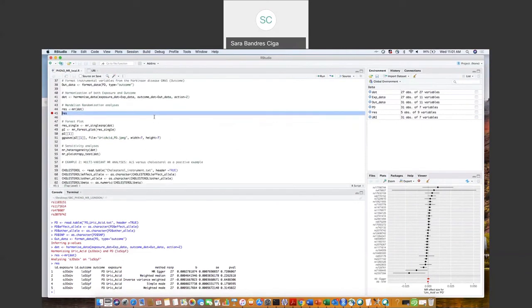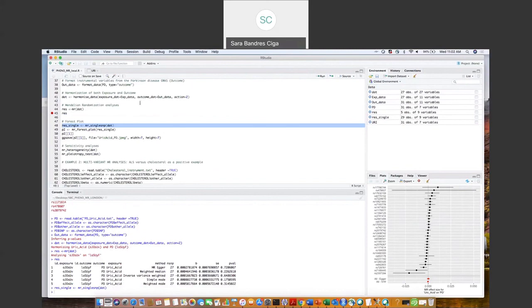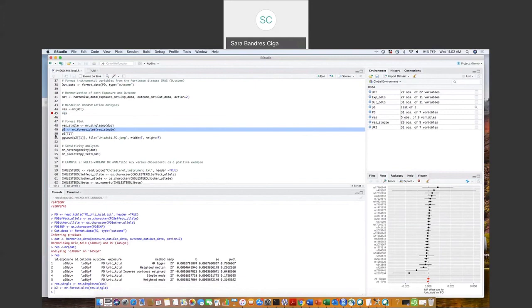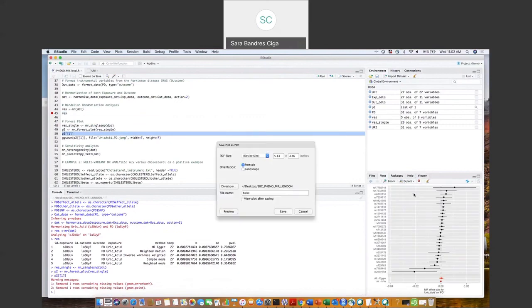We can also visualize this as a forest plot. So we calculate the effect for each particular SNP on Parkinson's disease risk. And then we can generate a forest plot in an easy way. So here we have our forest plot.